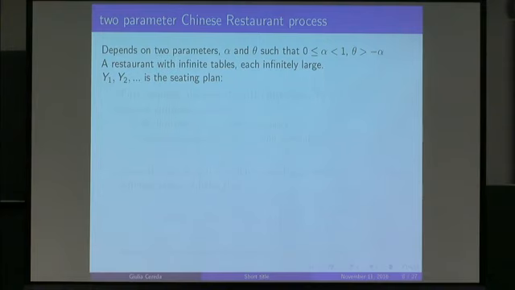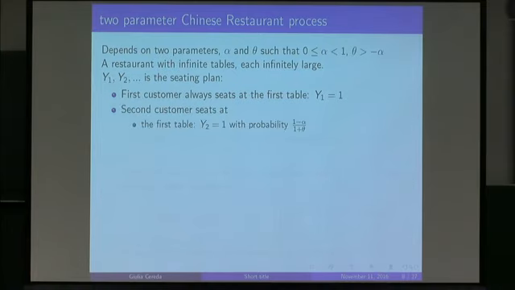Let's say that y1, y2, ..., yn is the sitting plan, meaning that it describes at which table each customer decides to sit. Of course, the first customer enters an empty restaurant, so with probability 1 he will sit at the first table. So with probability 1, y1 is equal to 1. Then the second customer has two choices.